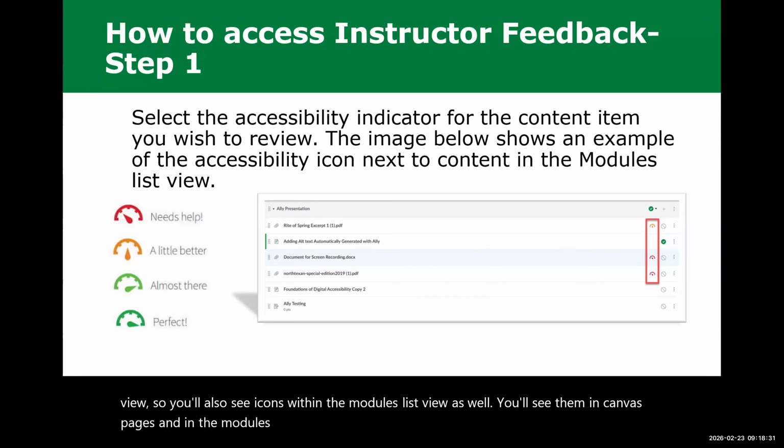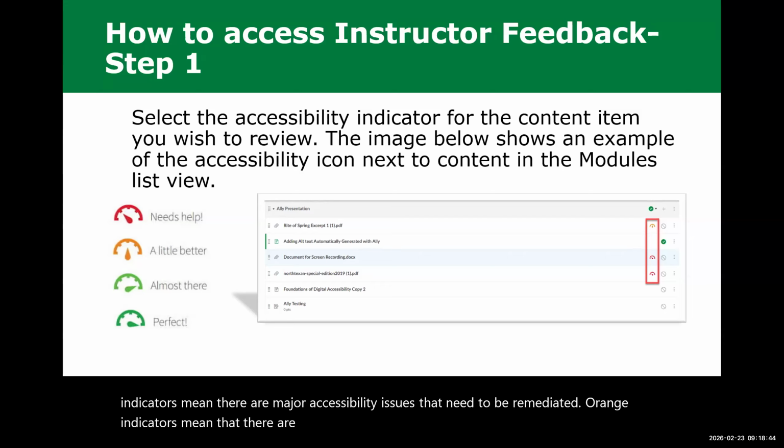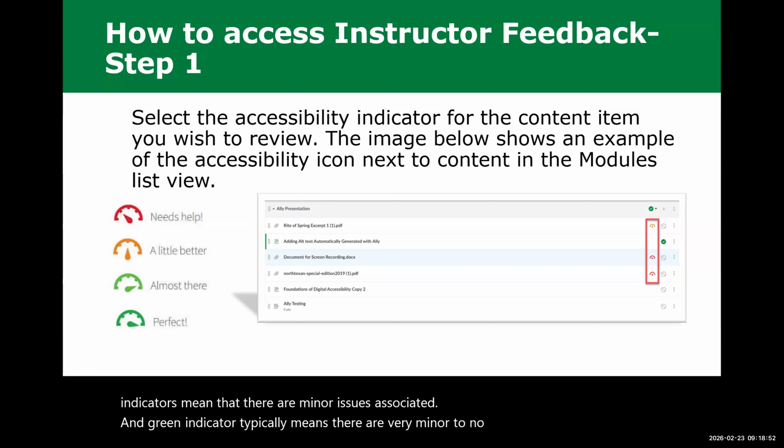The gauge indicators are red, orange, and green. Red indicators mean there are major accessibility issues that need to be remediated. Orange indicators mean that there are minor issues associated. And a green indicator typically means there are very minor to no accessibility issues. Now, remember earlier I said this was an AI tool.